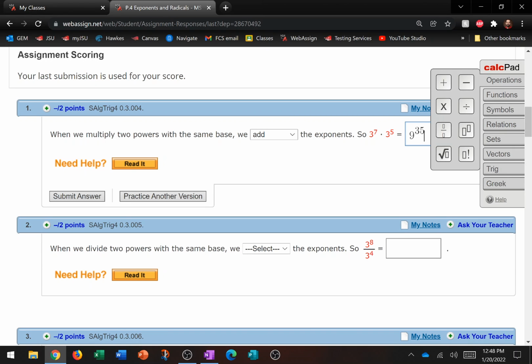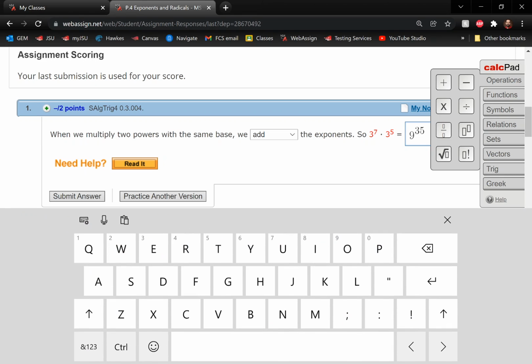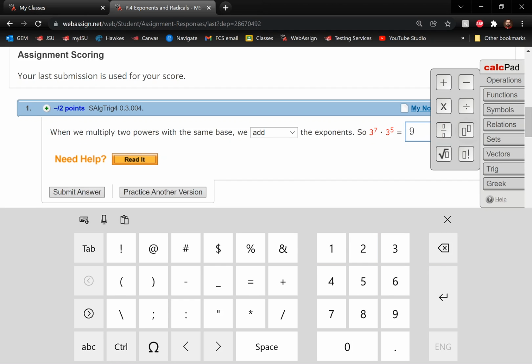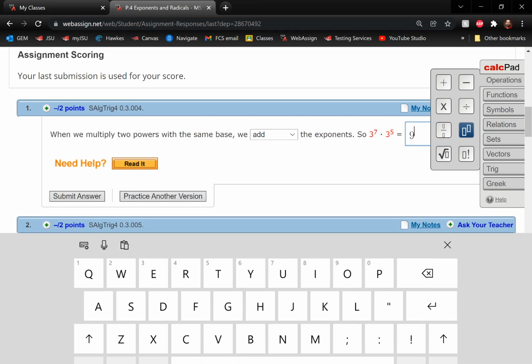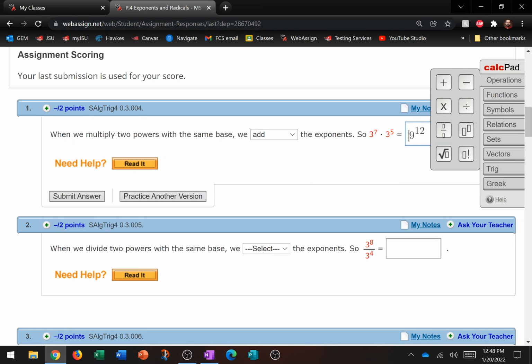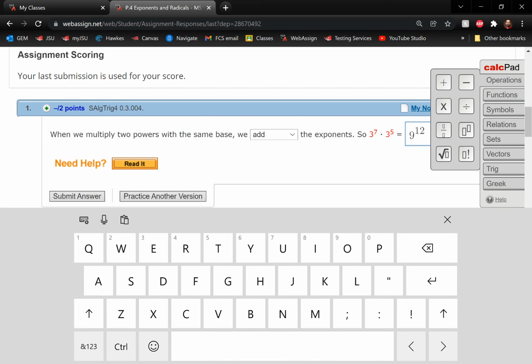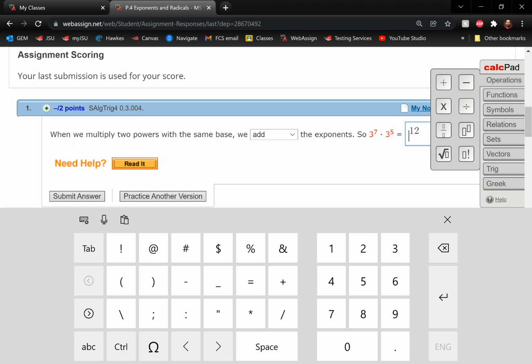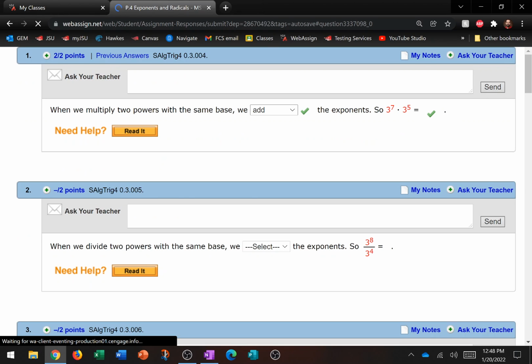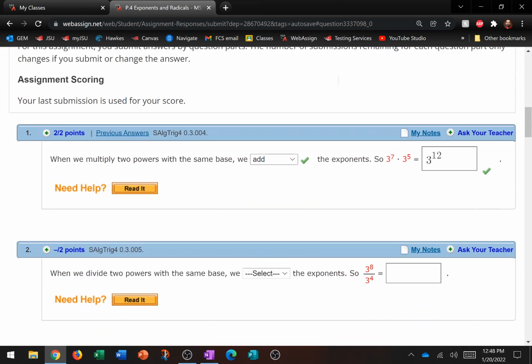We can add. Don't pay attention to the algebra teacher not knowing how to do algebra. It's worse with the touch screen. 3, not 9. There we go. And enter. And then two ways. Okay.